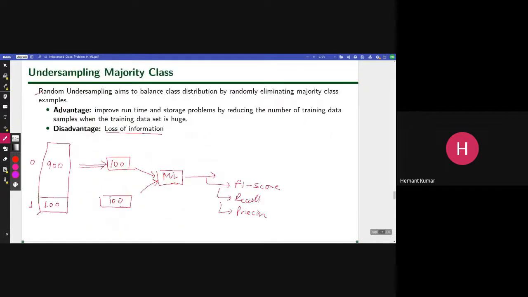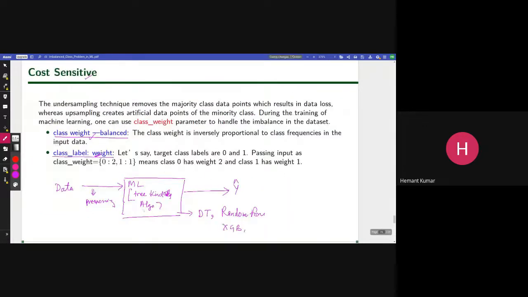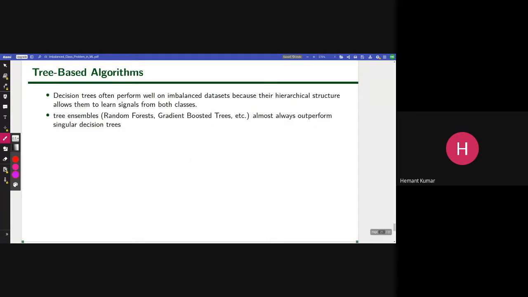These three algorithms are done before the ML training, in the pre-processing time. And these cost sensitive ones are done during the training time, meaning with decision tree approaches or tree kind of algorithms. So this is the same as the previous one.